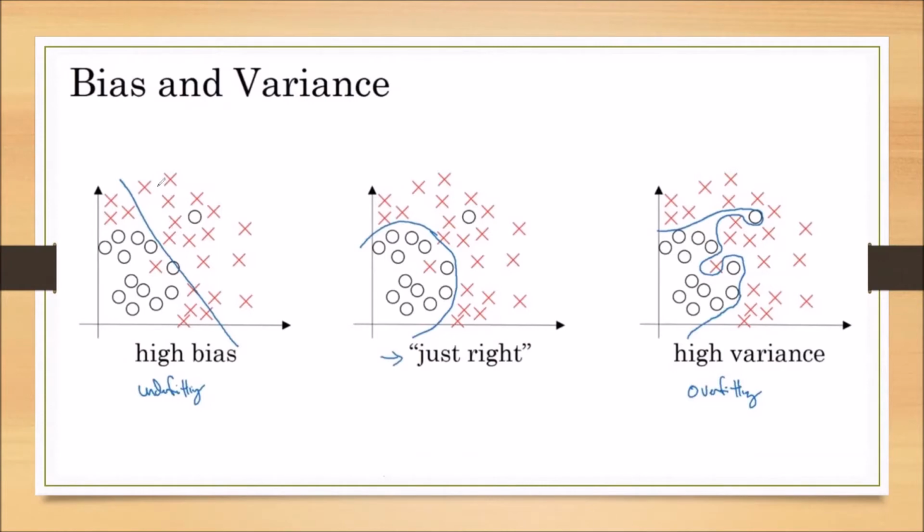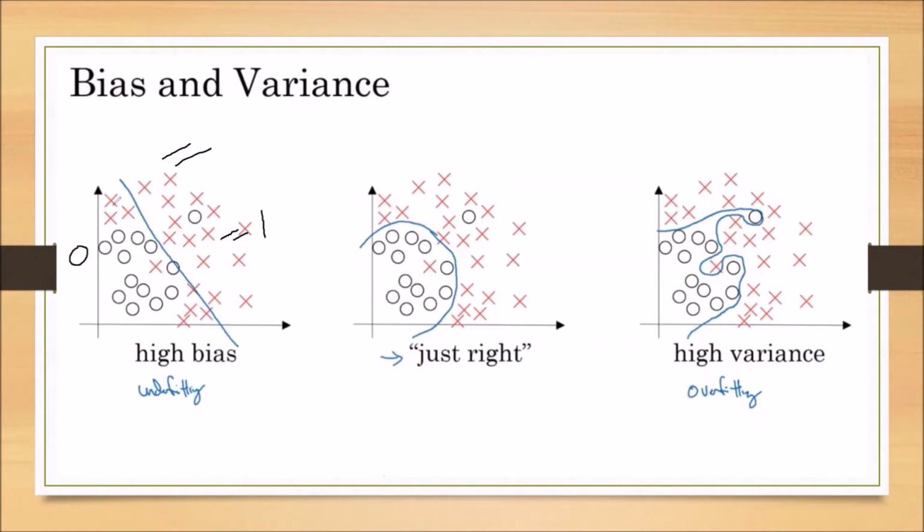Remember this linear classifier in the first case: above this straight line, we are expecting the output of all the training samples to be 1, and below this straight line, we are expecting the output of all these training samples to be 0. But in reality, that is not happening.